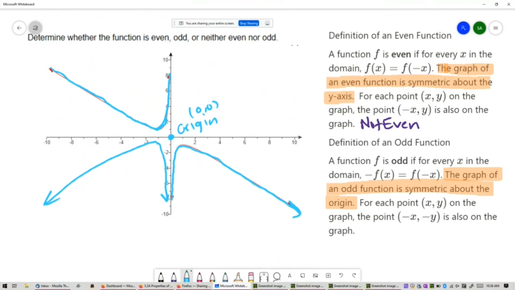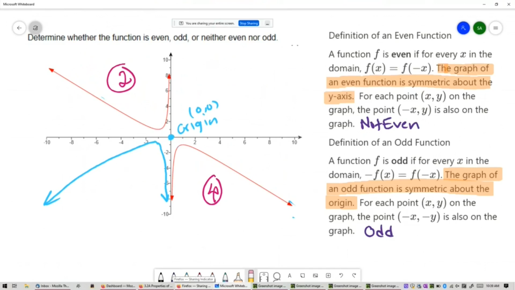One other thing that you could be looking for with origin symmetry is these opposite quadrants. So you can see, this is quadrant 2, and this is quadrant 4. Those are where we have the graph matching up with each other, mirroring each other. So this function is an odd function, and it has origin symmetry.